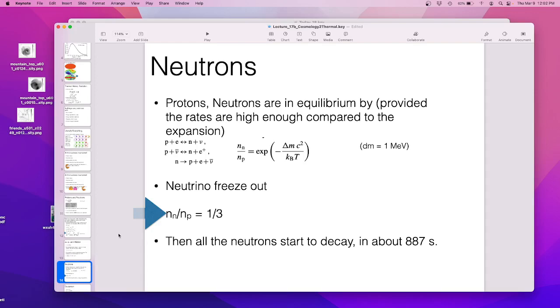So neutrons are complicated. Let's talk about neutrons for a second. They mostly freeze out. They want to freeze out when the protons do, but they're in thermal equilibrium with the protons. The protons used to be in thermal equilibrium with the photons. Then it gets too cold, and the protons are not in equilibrium with the photons anymore, but they're in equilibrium with the neutrons.